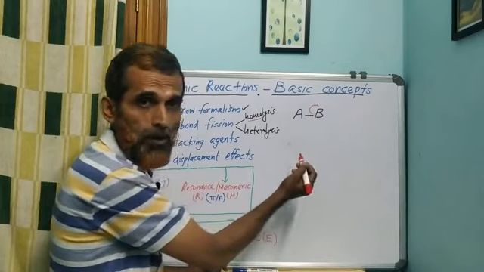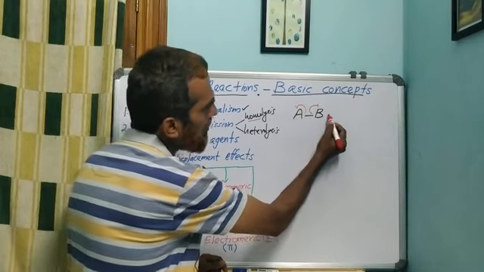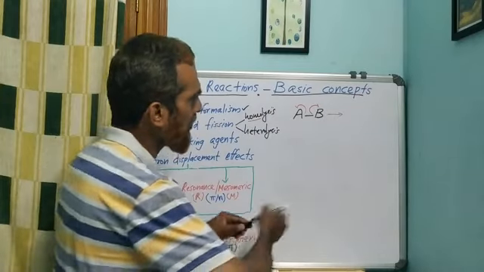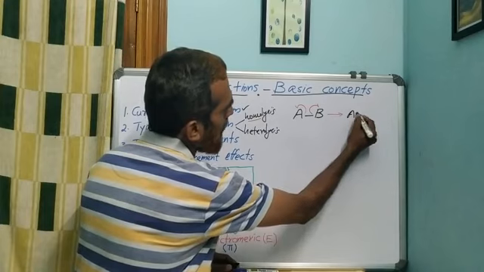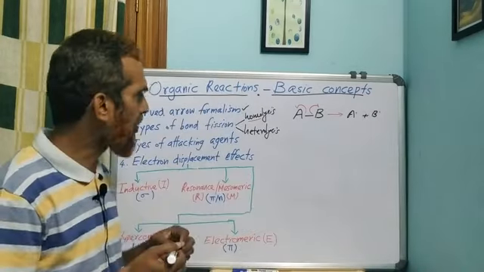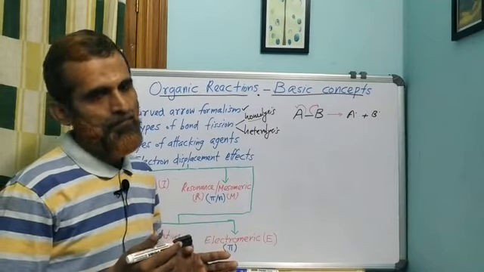Here we use a curved arrow, a half-headed arrow. When this bond breaks, you get A with one electron plus B with one electron. This is called homolytic cleavage, right?